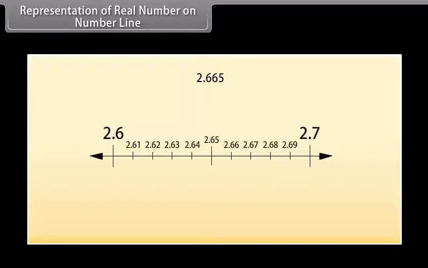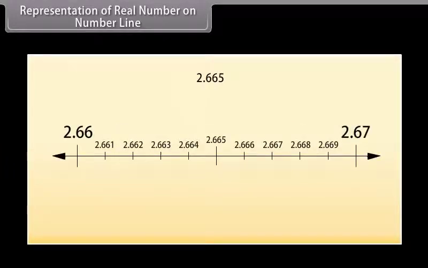Now focus on the portion between 2.6 and 2.7. Divide this again into 10 equal parts. The first part represents 2.61, the next 2.62, and so on. Again, 2.665 lies between 2.66 and 2.67. Let us focus on this portion of the line and imagine dividing the portion into 10 equal parts.